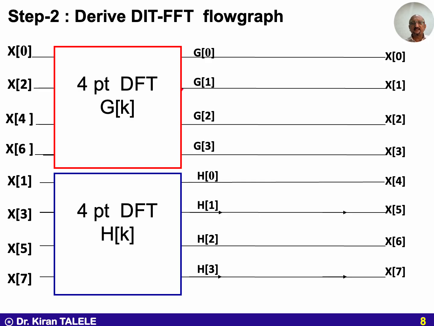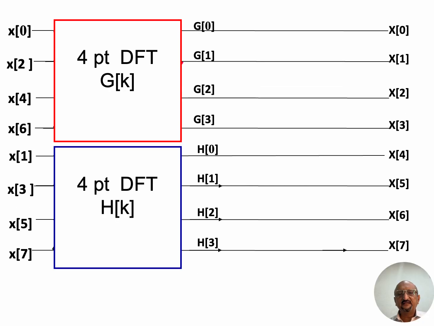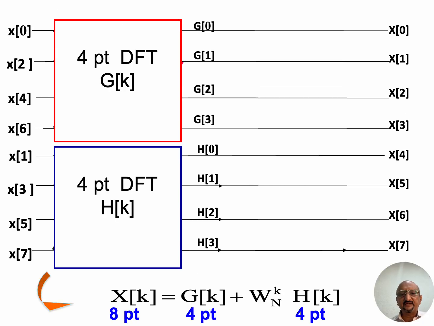Now the last equation is to find X of k. This equation we have to evaluate for every value of k. So let's start with the DIT-FFT equation, that is X of k equal to G of k plus W_N raised to k H of k. In this equation put k equal to 0, we will get X of 0. This X of 0 equal to G of 0 plus H of 0 multiplied by W_N raised to 0.